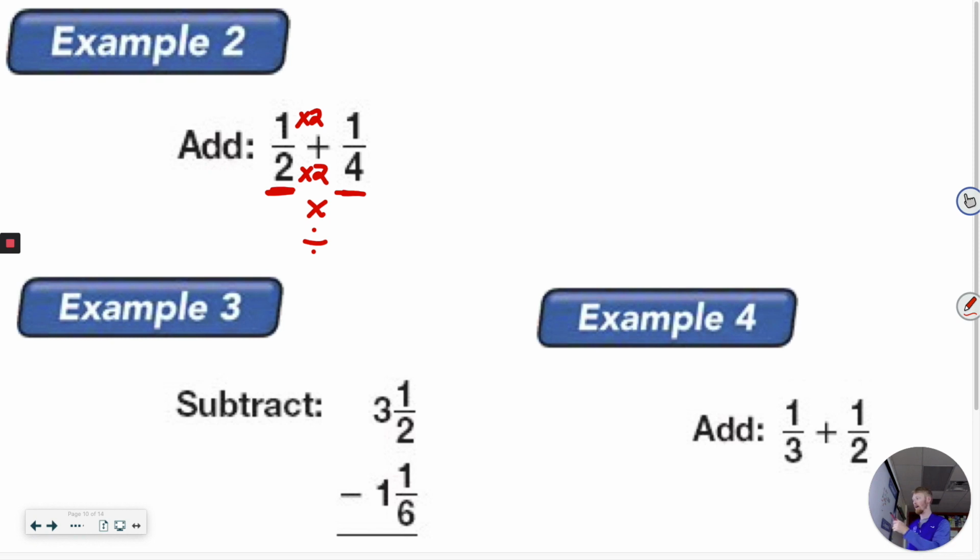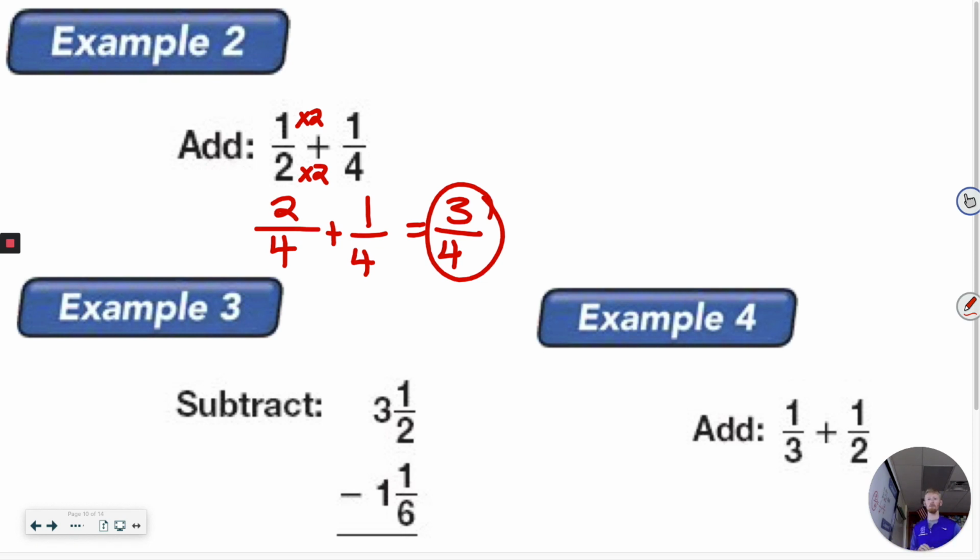So I'm going to rewrite this as 2 over 4 plus 1 over 4. Now that I have common denominators, now I can add across. So 2 plus 1 is 3. So 3 over 4, 3/4 would be my solution.